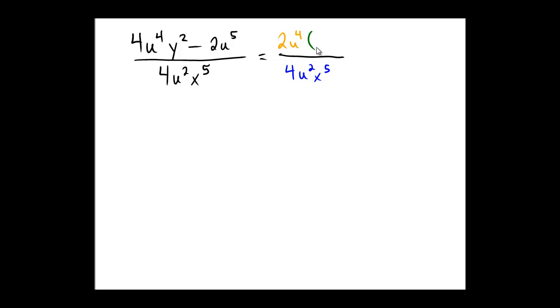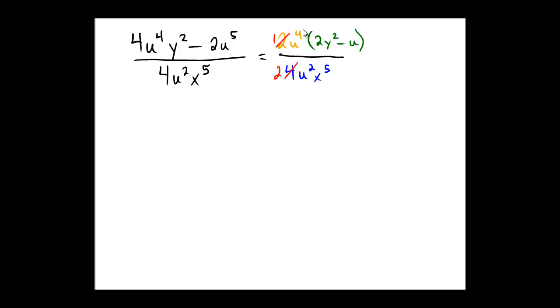So what's remaining after we pull out this monomial from the binomial is the number 2, no copies of u, y squared, subtracted by 2 completely pulled out. Only 4 copies of u were pulled out from this 5, so we do have to leave a u in there. And that's it. So now 2 and 4 reduce by 2.